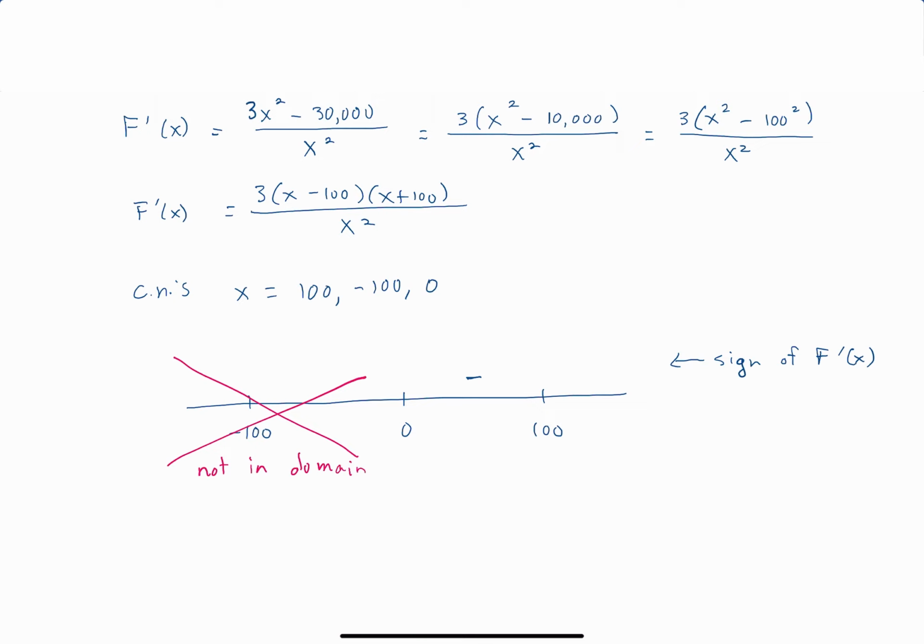And then for the second interval, over here, that's 100 up through everything. If I plug in, say, x equals 200, I will get a positive derivative. Now that tells us that the function goes downhill in that interval and then uphill forever and ever after that.